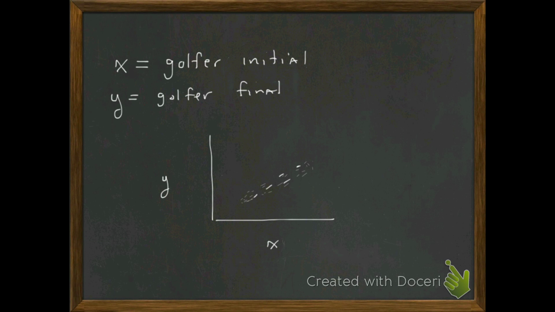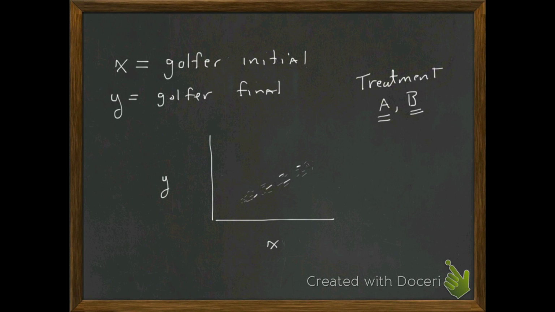Now, let's say we brought in a couple of treatments, treatments A and B. So A is one golf instructor that thinks that they can improve the skill score from the initial to the final by using their particular type of golf instruction, and maybe golf instructor B thinks that his or her is better. So we'd like to compare these.